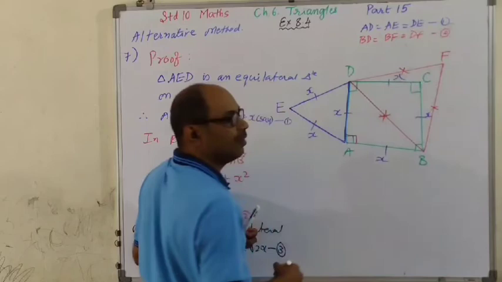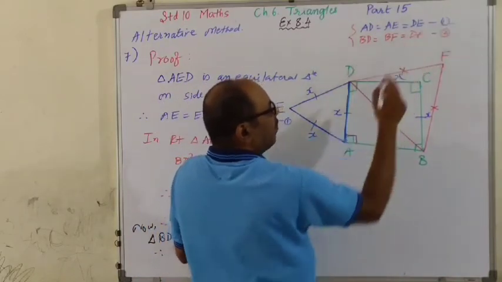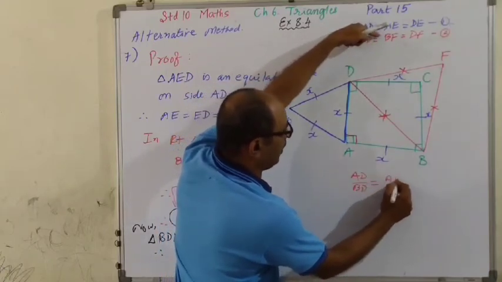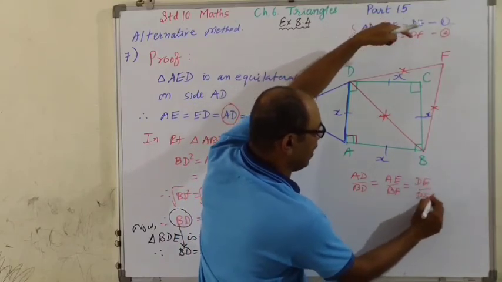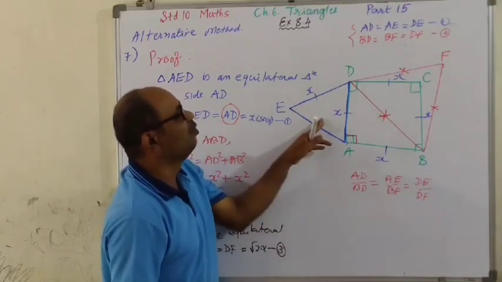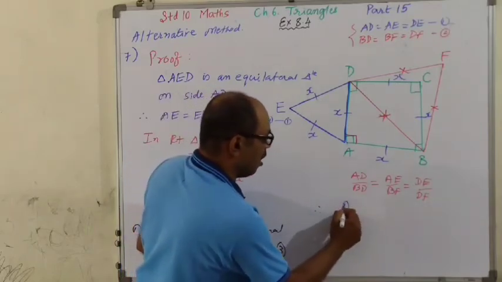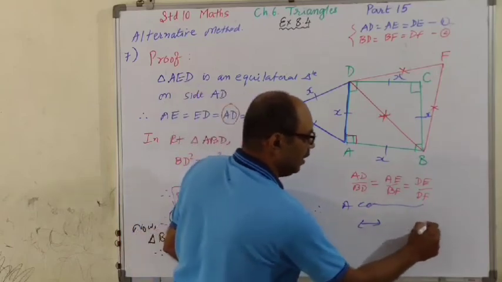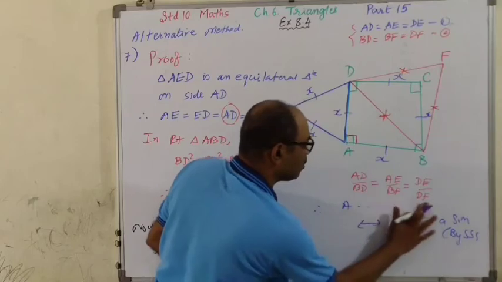Result number 2. So using Euclid's property in 1 and 2, you can say AD upon BD is equal to AE upon BF is equal to DE upon DF. Correct? So between the blue triangle and the red triangle, SSS is satisfied. Therefore, a correspondence, dash corresponds to dash, is a similarity by SSS.